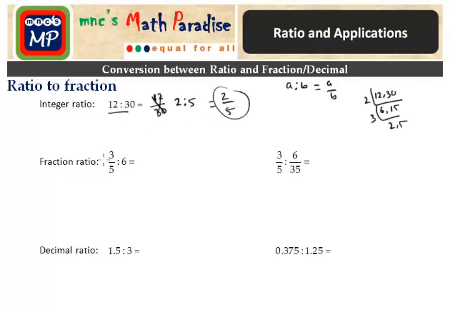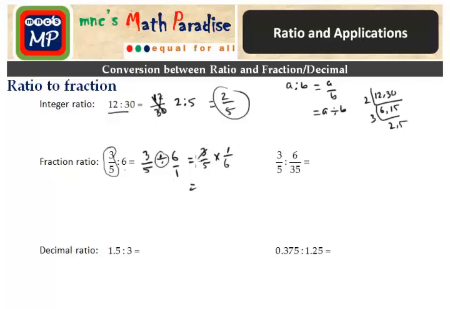Another ratio here is 3 division 5 ratio 6. So here one part of the ratio is a fraction. If we convert this ratio into fraction, then it will be 3 division 5 division 6, because we know that A ratio B can be written as A division B. Now if we replace the division by multiplication, then it will be 6 division 1, so it will be 1 division 6.